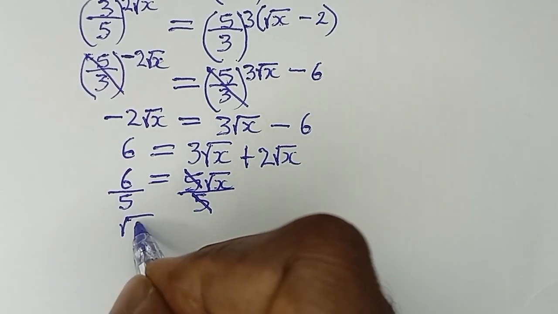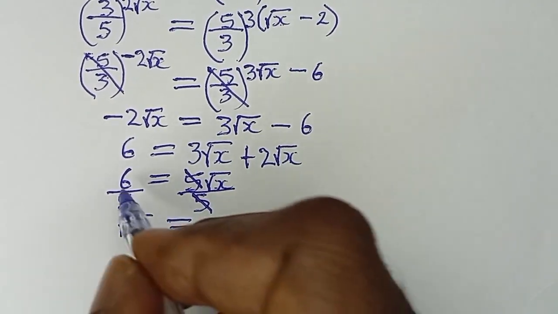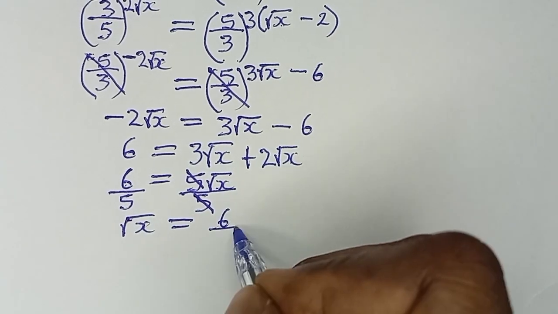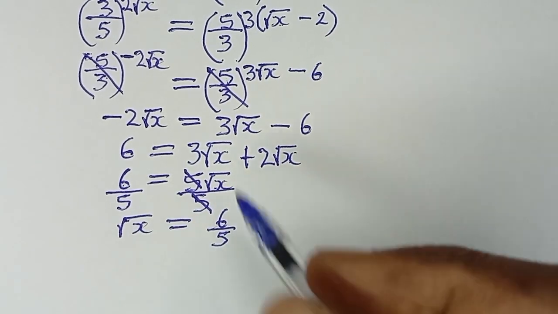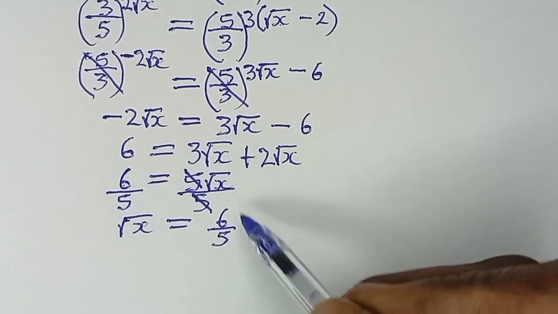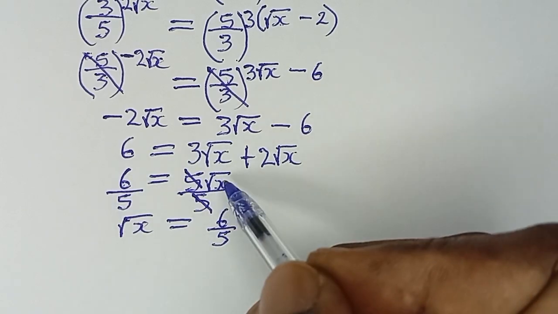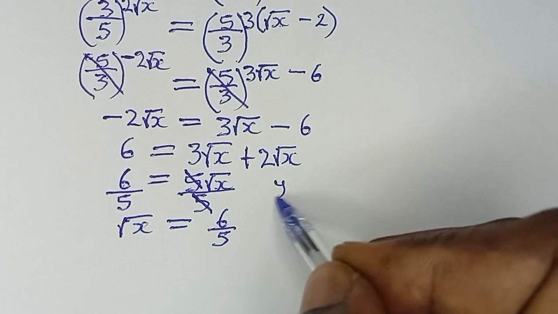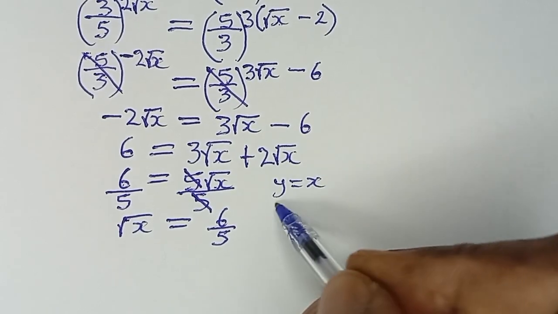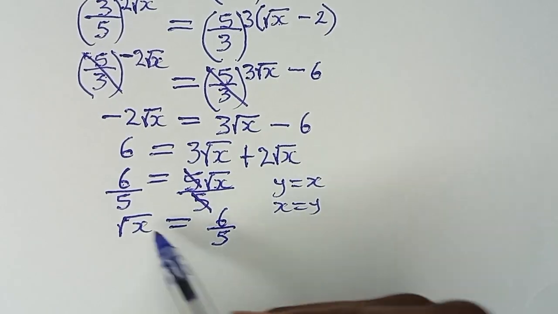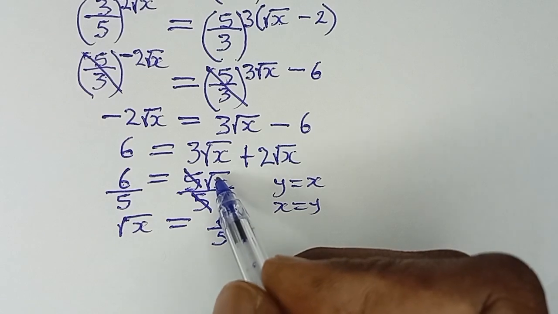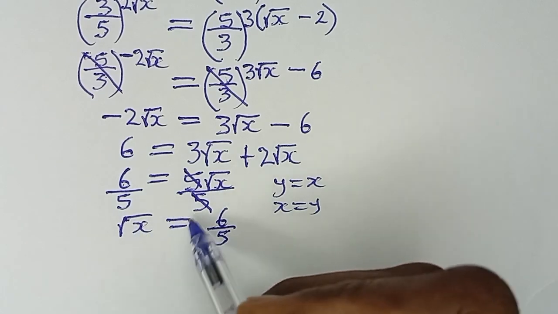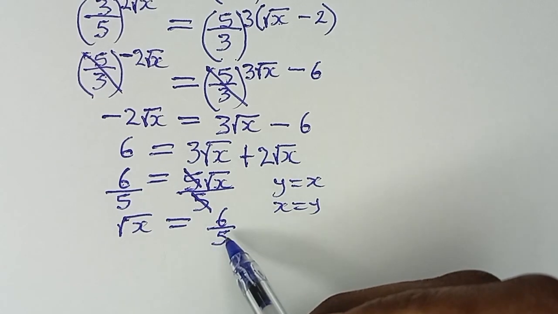So √x is equal to 6 over 5. Please don't forget, I did not move root x to the other side. I only simply wrote √x first. Just like when you say y is equal to x, you can also say x is equal to y. That is exactly what I did here. So I'm writing √x first, and I'm saying it's equal to 6 over 5.